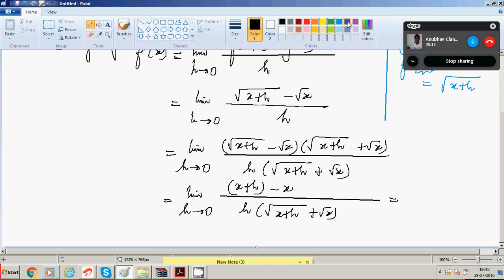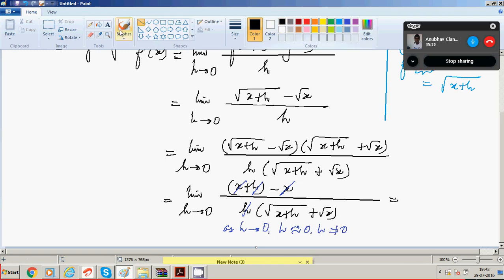So now the numerator is x cancels, h over h cancels, as h tends to 0. h is very near 0 but not equal to 0, so we can divide numerator and denominator by h.